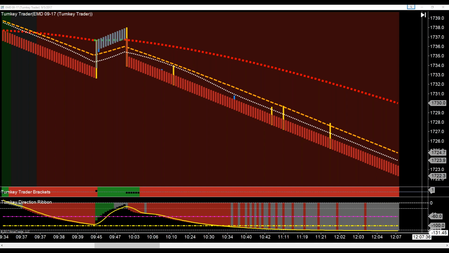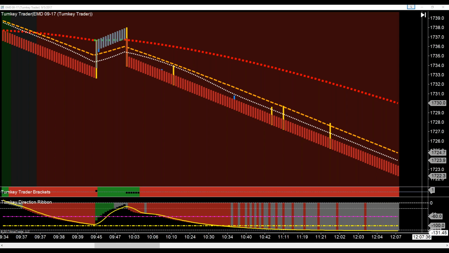So certainly you'll find some trade setups here and there, but the NQ and EMD are much more effective. You'll see many more trade setups in there.